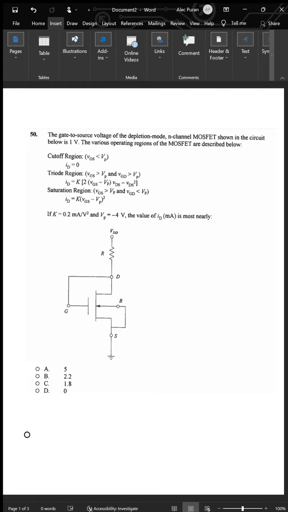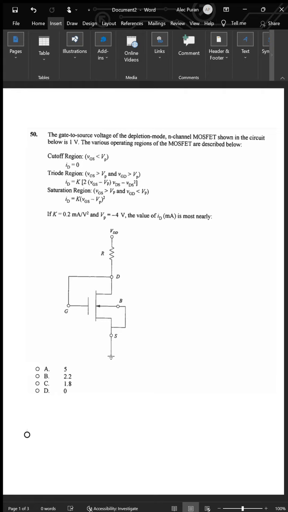So knowing these three values now, we can make the conjecture that VGS is greater than VP, and that can be obviously seen here. 1 volt is clearly greater than negative 4 volts. And also, what do we know?